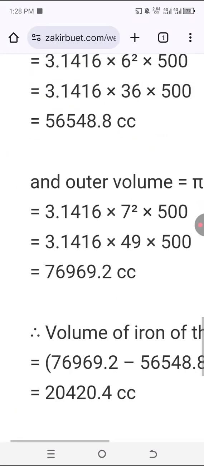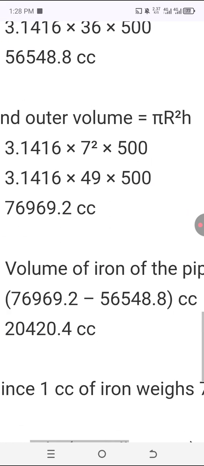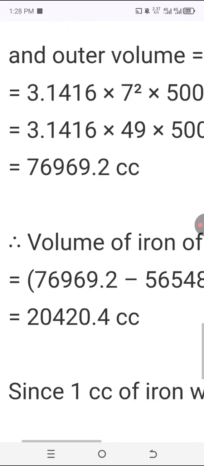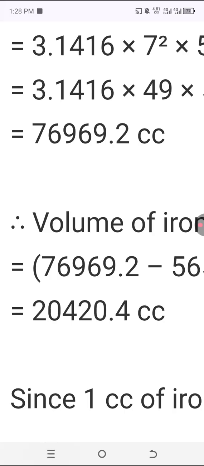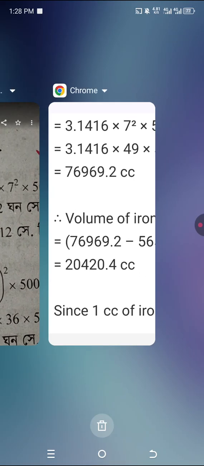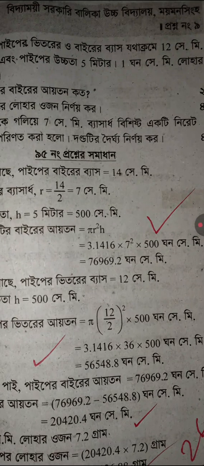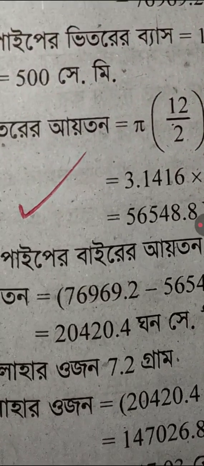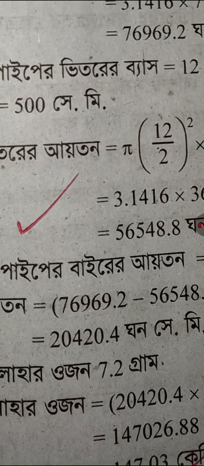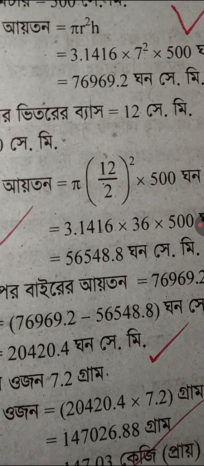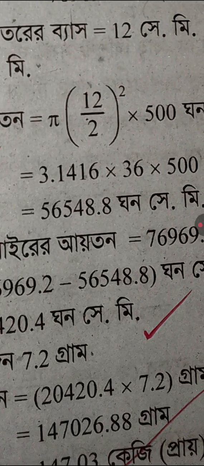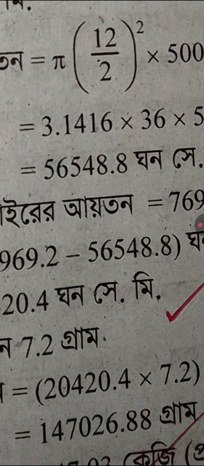Here you go, and the net volume of the iron of the pipe is 20,420.4. And here it is. Once you do the subtraction, you find this value. After multiplying this with the density, you have 147,026.88 gram, and if you divide this result by 1000, you get the result in kg.